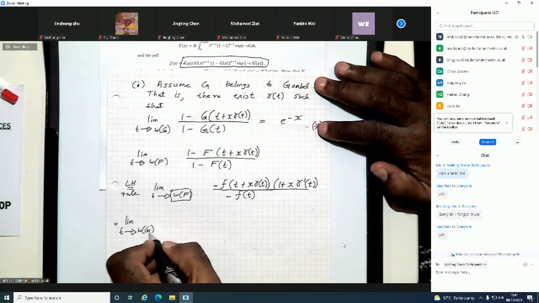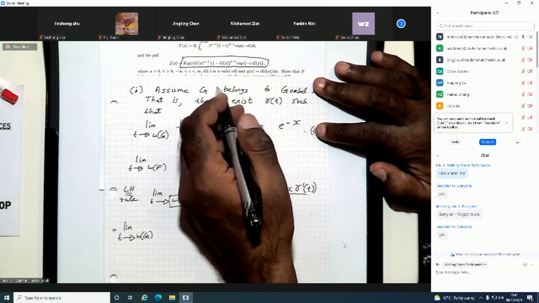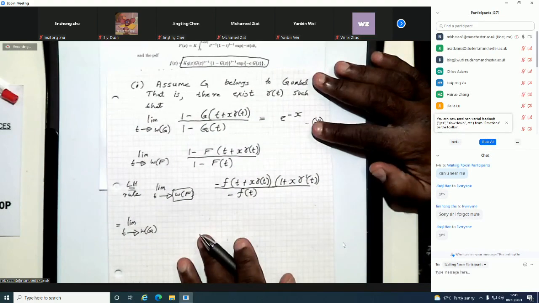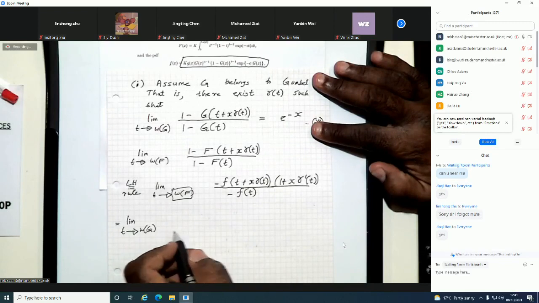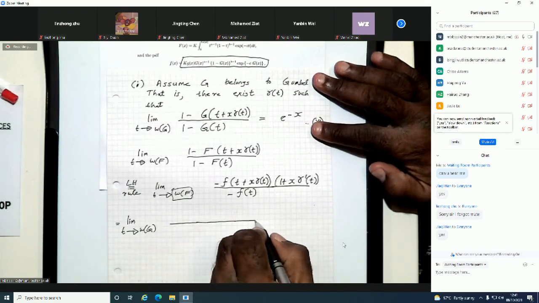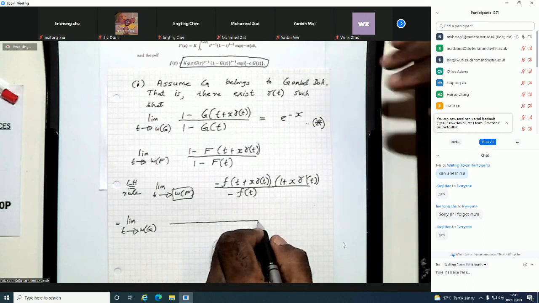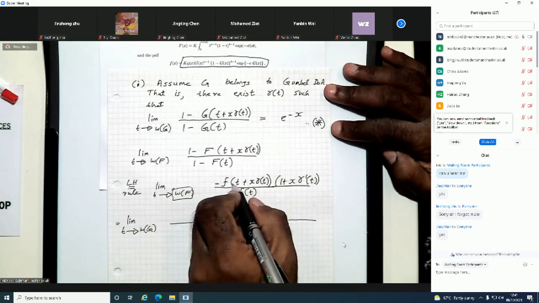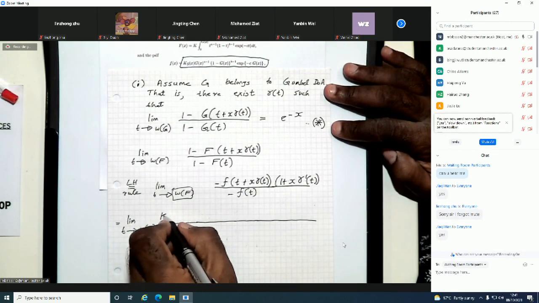According to the question, you can assume that w of f is equal to w of g. So I'm going to replace by that. Are you guys okay? All right, now I'm going to replace this guy here by k.